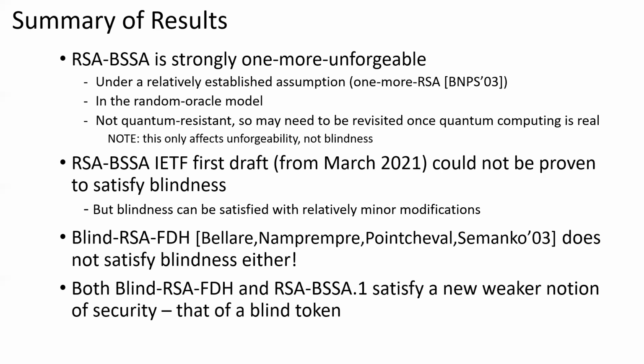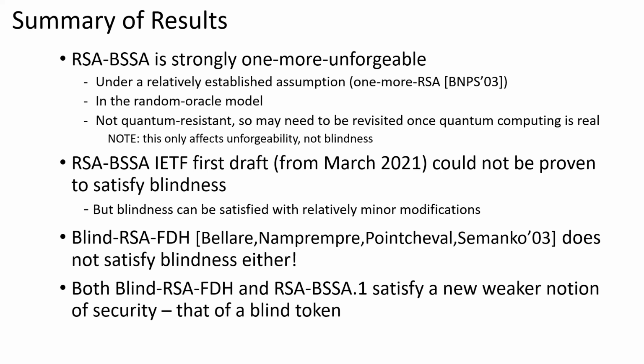But what about blindness? The first draft of this IETF standard, actually, I don't know that it isn't blind, but the proof of security hit a snag, and I'll tell you why. But you can fix it with minor modifications.